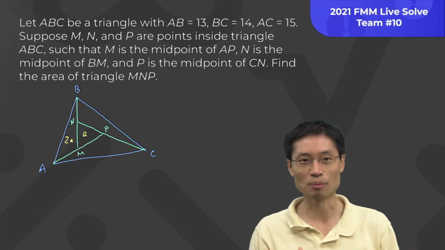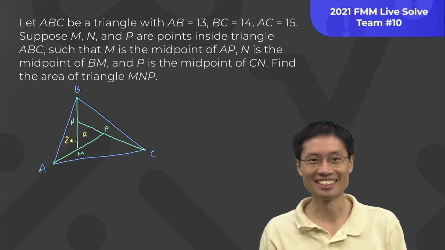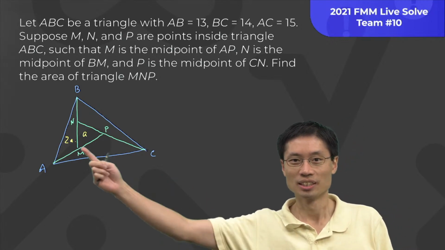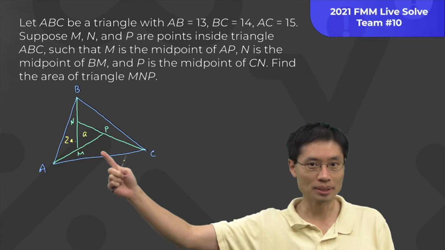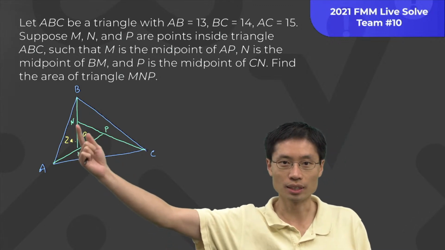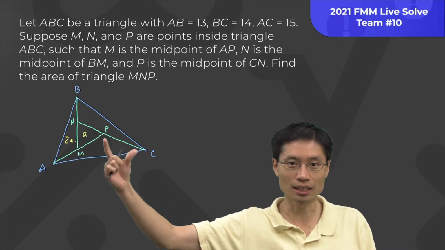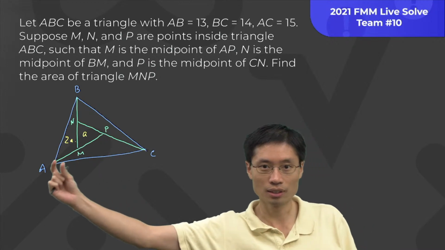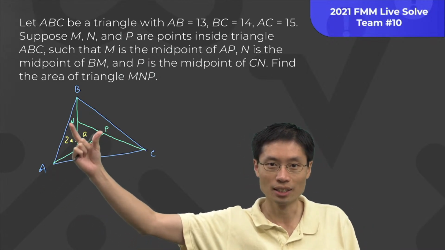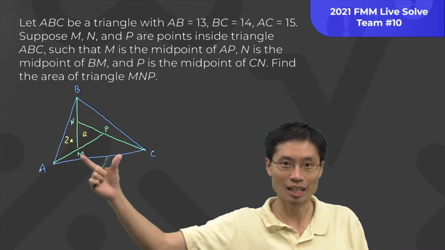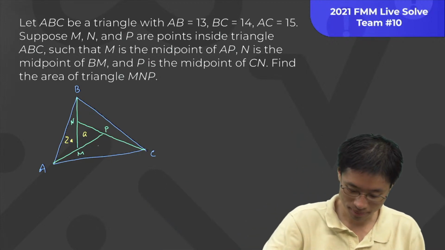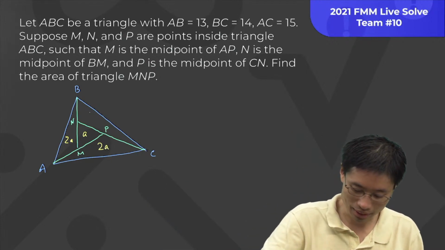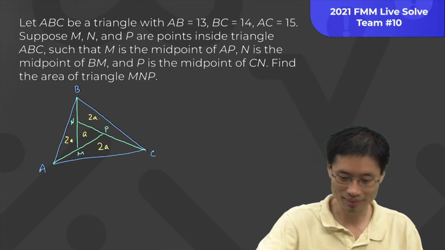Somebody says that looks like a portal, I think. Okay, so what else do I have here? So that's 2A, and the same thing happens here, because you could think of this as the base of a triangle, and this as the base of a triangle. This is the base of this triangle, whose height is twice of this triangle's height. That means that, again, this is 2A. And the same thing will happen here. This is 2A.